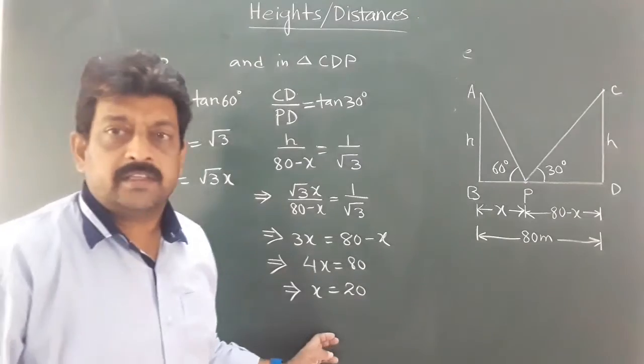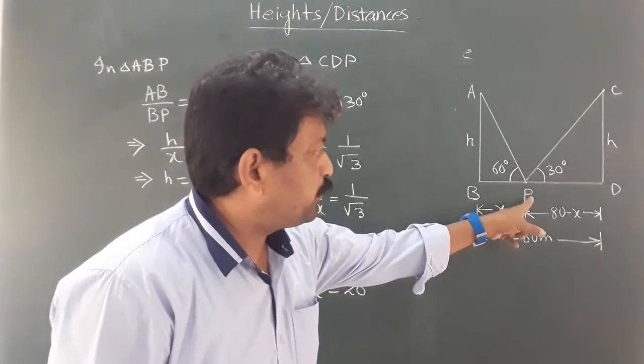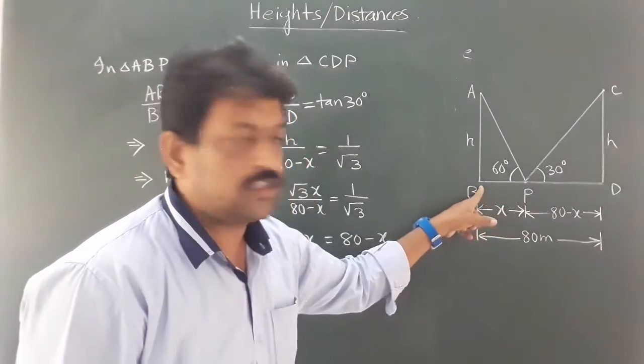So what is x? x is the distance of the point of observation P from the first pole.